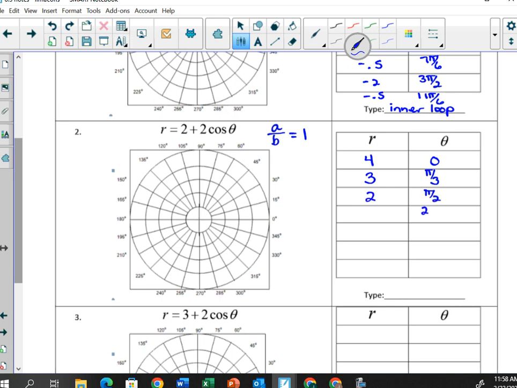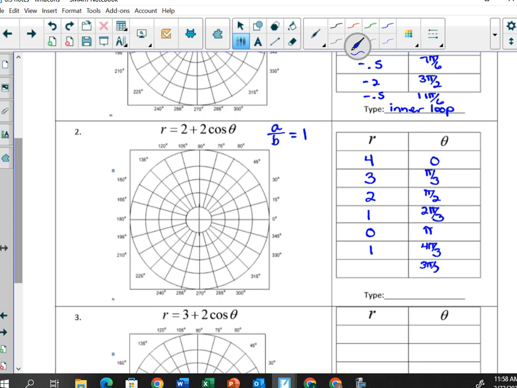Okay, 2 pi over 3. 1, because cosine of 2 pi over 3 is negative. What about pi? 0. 4 pi over 3.